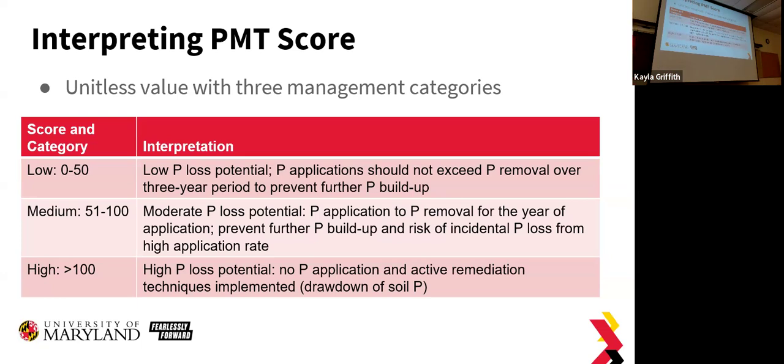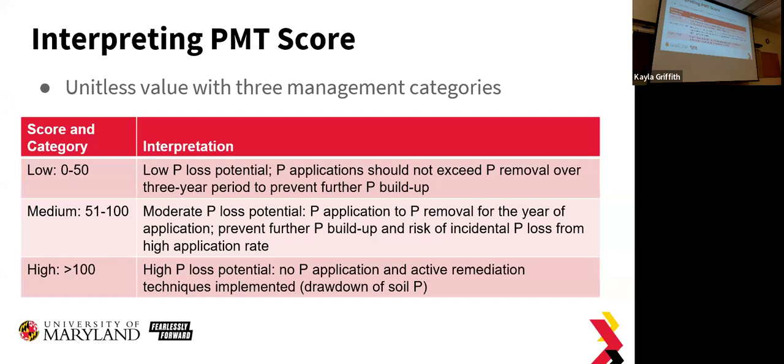I just want to be really clear, you're not free and clear just because your score becomes 0. When you have to run a PMT, there are management restrictions, if you will, management changes that you have to make, just for the simple fact that you ran the PMT.